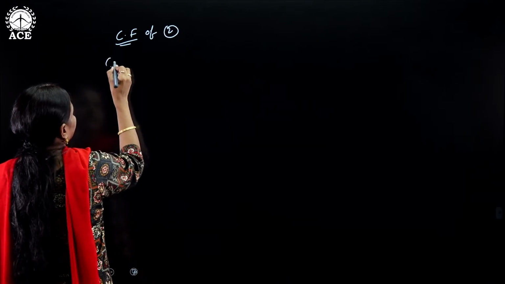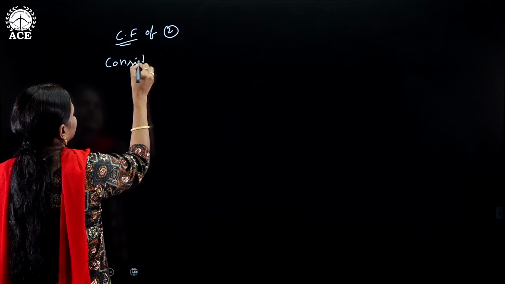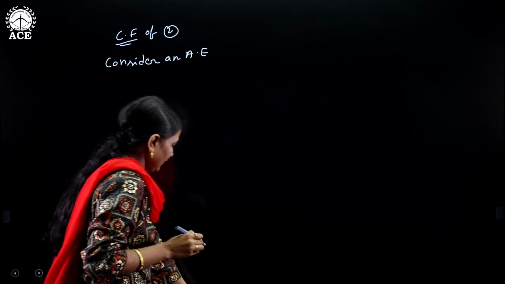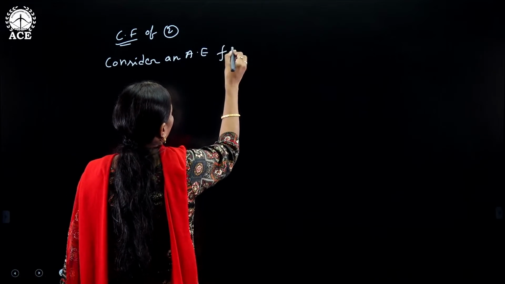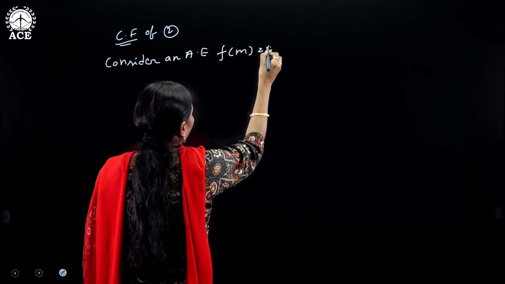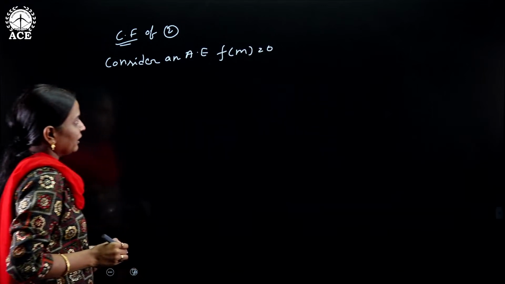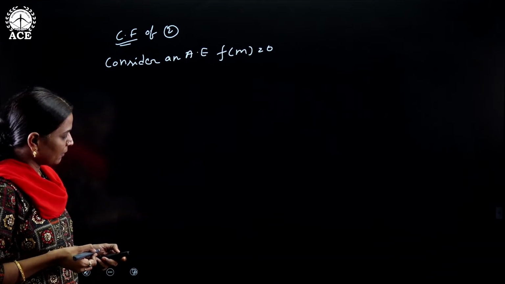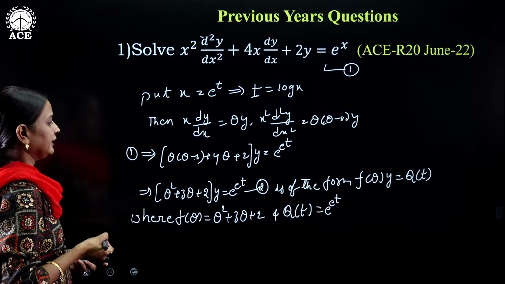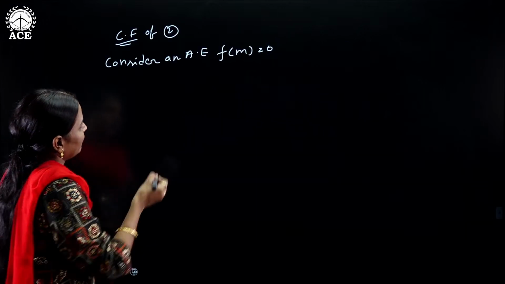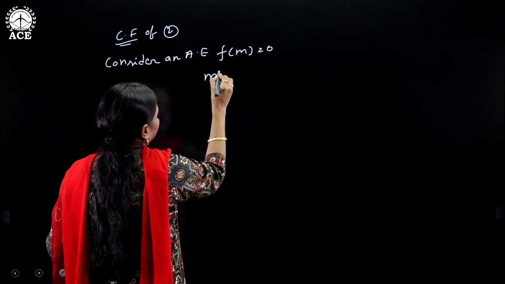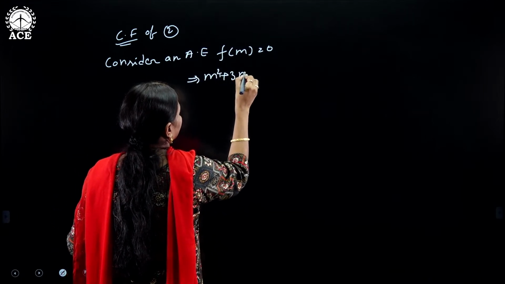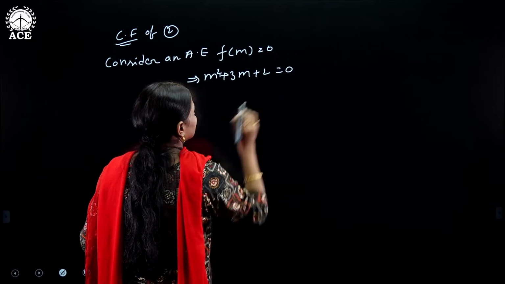So consider here also the same procedure. Consider the auxiliary equation. What is the auxiliary equation? f of m is equal to 0. Here f of m is obtained by replacing theta by m. What is f of theta? Theta square plus 3 theta plus 2. So f of m is m square plus 3m plus 2 is equal to 0.